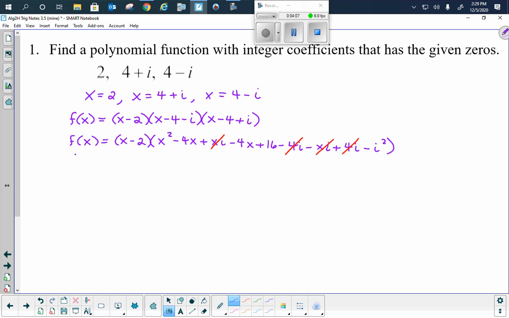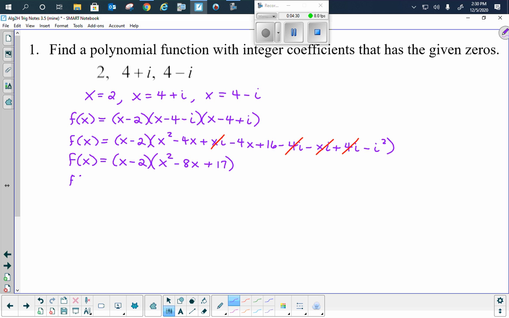And I'll keep going. So I've got x minus 2. And I really have x squared, negative 4x, so I've got negative 8x. And then 16 and negative i squared would turn into 1. So plus 17 looks like.